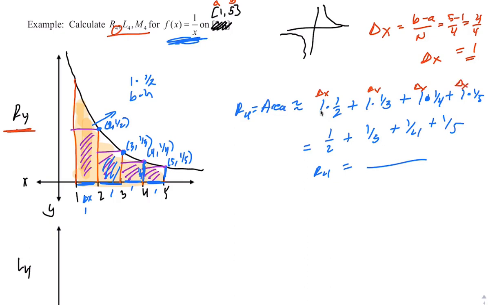So a shortcut that some people like to do is to factor out the delta x, and all you have to do on the inside is add up all the heights. So it'll be 1 times that. Both ways work. You could think about it as height 1 plus height 2 plus and so on up to height n. Either way works. I've always preferred just doing it the long way.